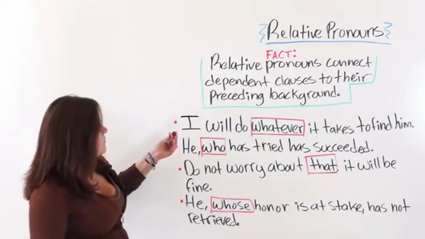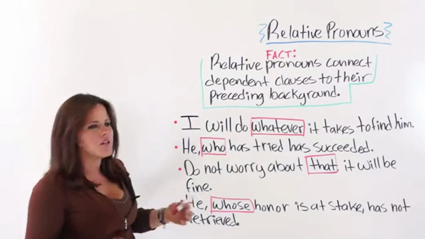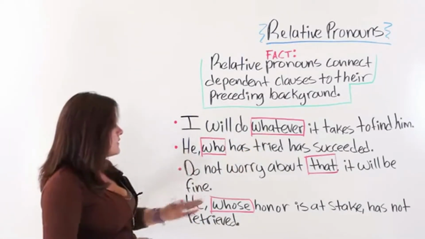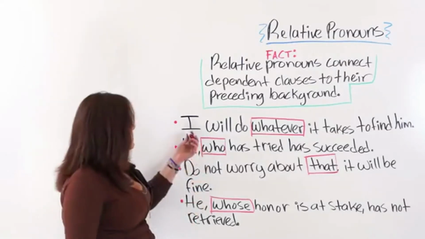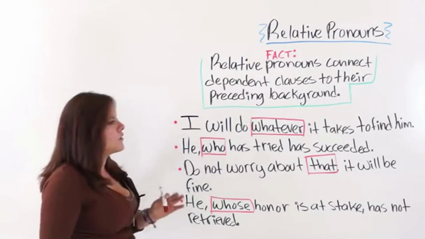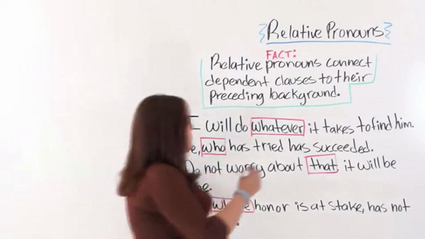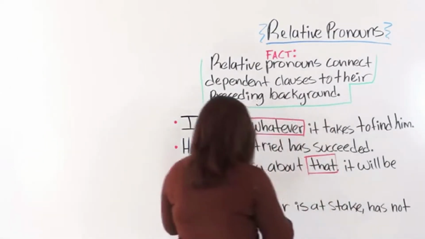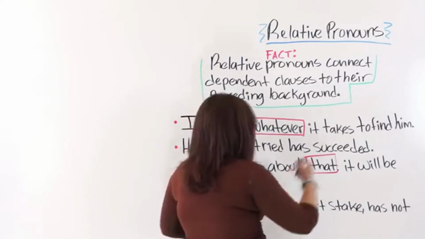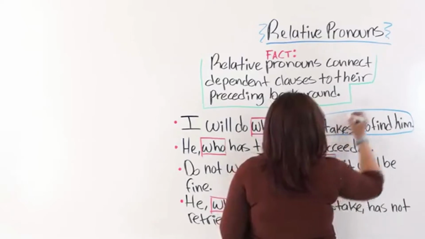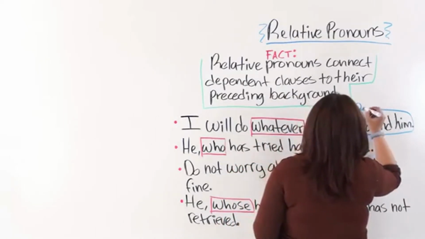The first example I have here written on the board, as you can see, I highlighted the relative pronouns so that you can identify them easily. It says, I will do whatever it takes to find him. This here is the dependent clause.